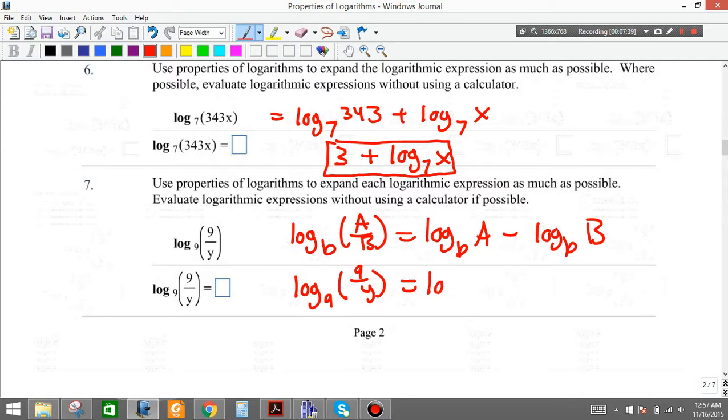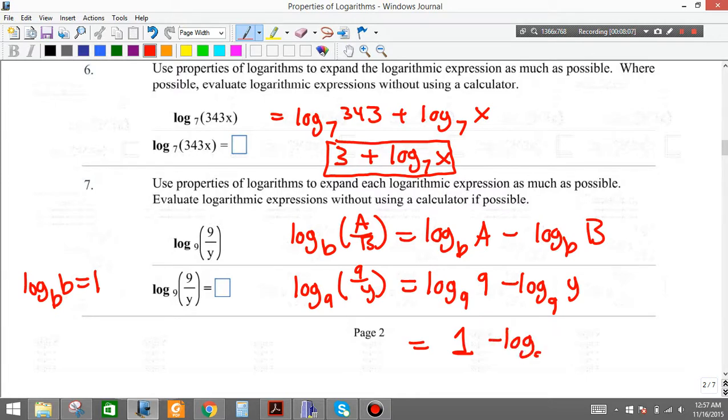So this is equal to log base 9 of 9 minus log base 9 of y. And there's no way in the world we would leave log base 9 of 9 the way it is. We know that the power that you raise 9 to in order to get 9 is a very beautiful one. And so we'll remember that log base b of b is 1 for every allowable b. So that this is 1 minus log base 9 of y, and we'll enter that as the answer.